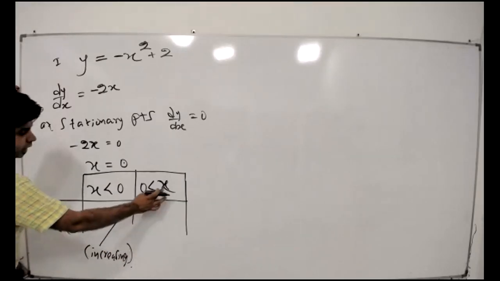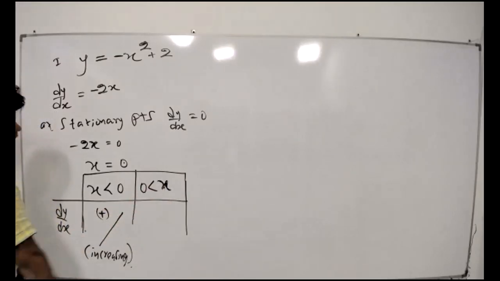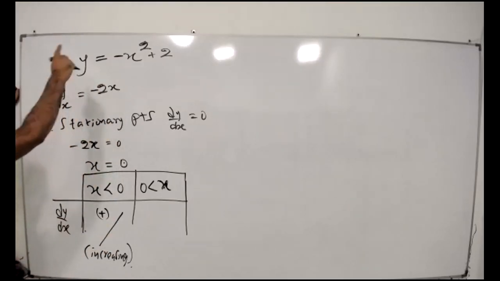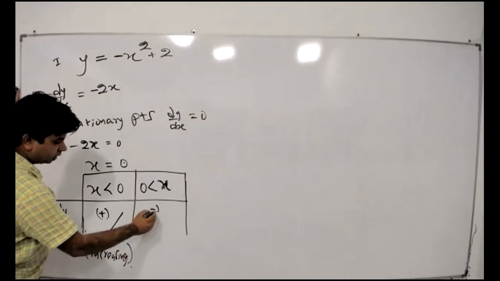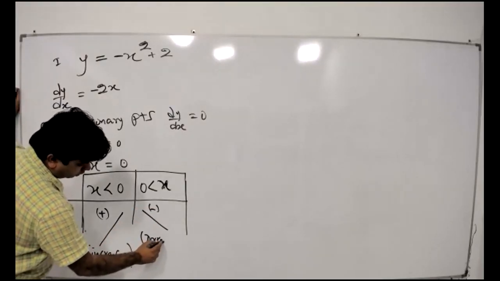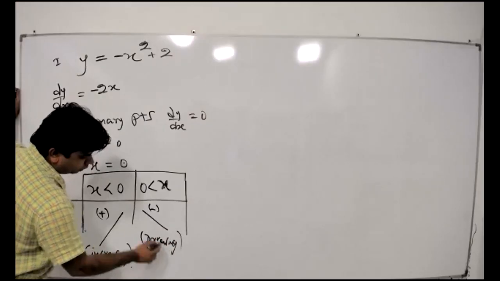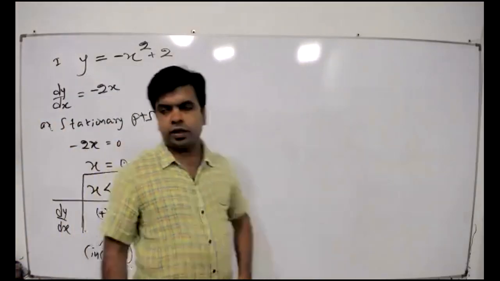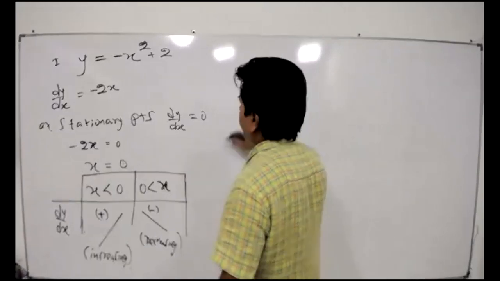Then for a value greater than 0, tell me an integer value. Plus 1. If you put plus 1 here, you get minus, that means the function is decreasing.